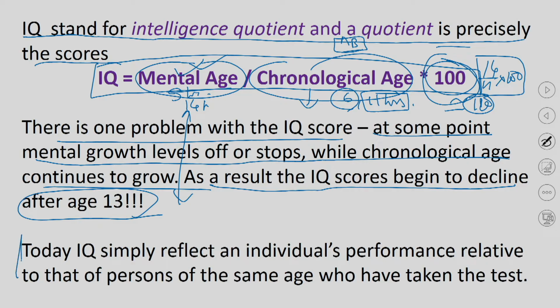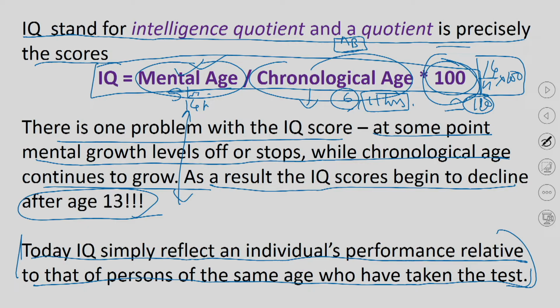So, the definition of IQ today has changed, and today IQ simply reflects an individual's performance relative to that of a person of the same age who has already taken this test. Nowadays IQ is defined as your score against somebody who has taken that test. It has nothing to do with age.